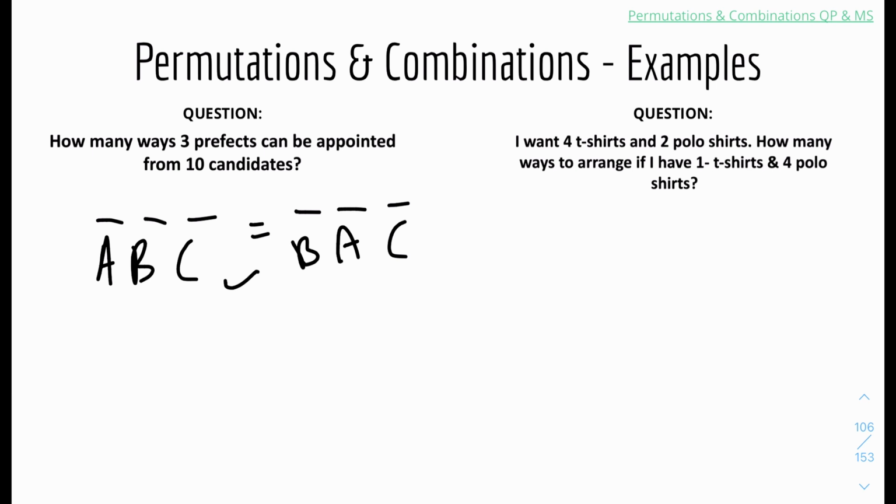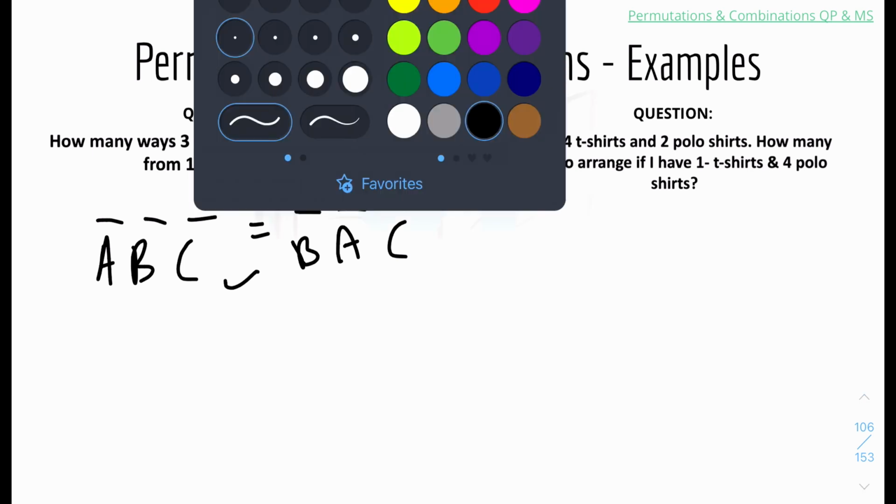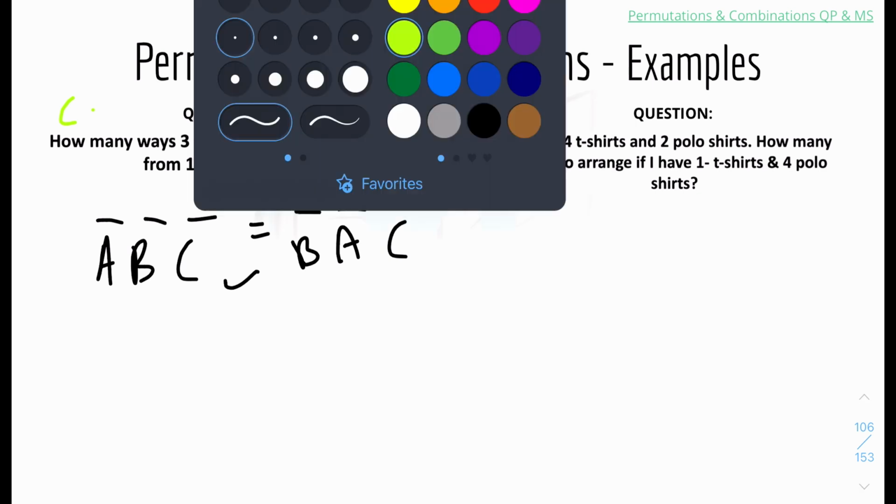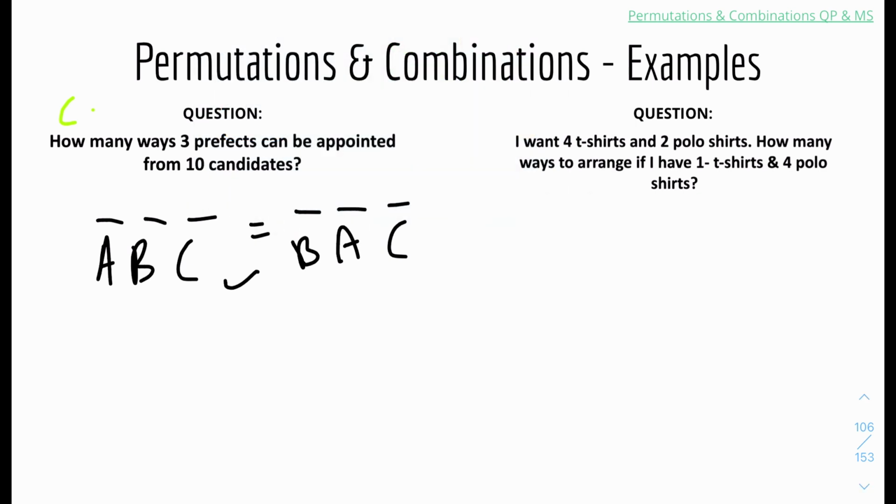If you just rearrange them around, the arrangement doesn't really matter. So in this case, it's a combination. To appoint 3 candidates from 10 candidates, it'll be 10 C3. And if you put it into your calculator, you'll get a value of 120. And we'll move on to the next question.